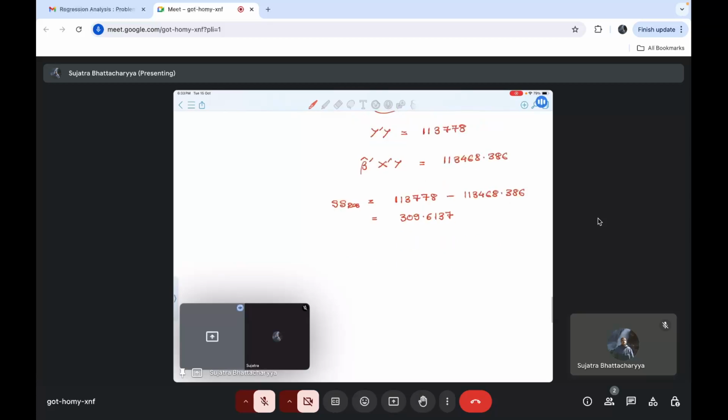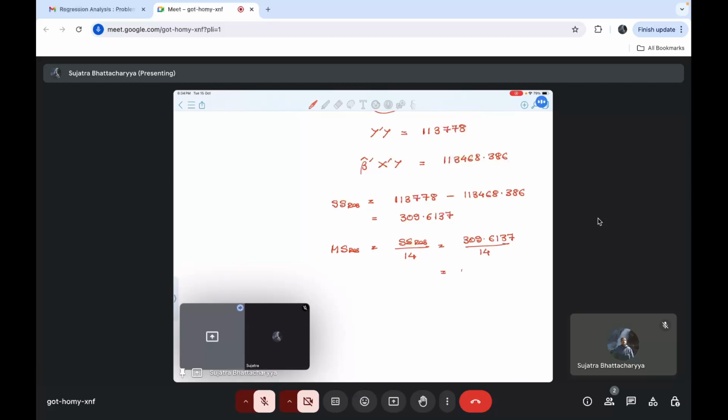What we require to find is the MS residual. So, MS residual is SS residual divided by the residual degrees of freedom, which is 14. Right? So, this will be 309.6137 divided by 14.